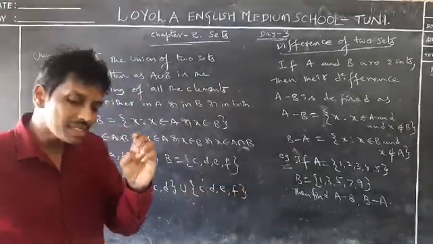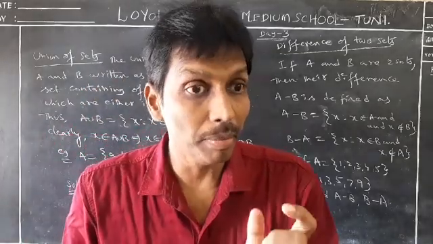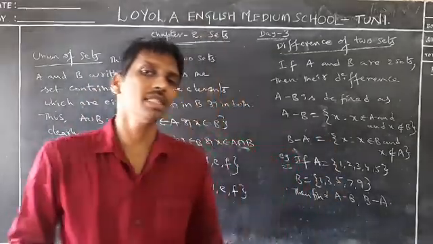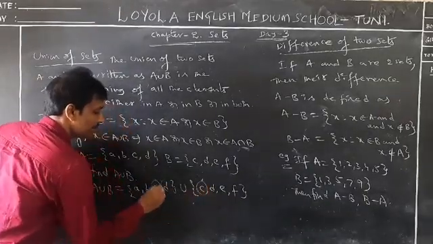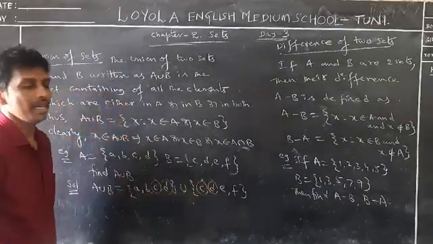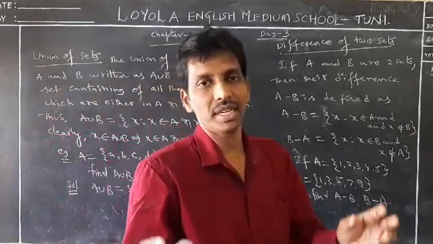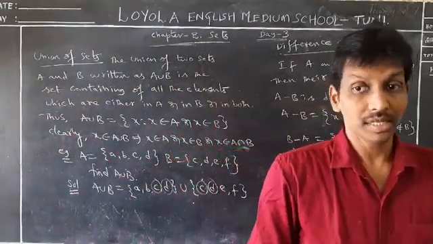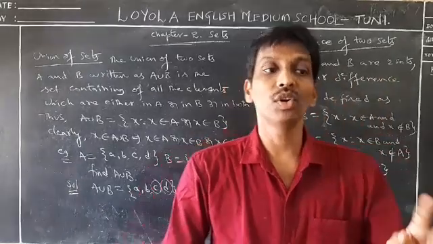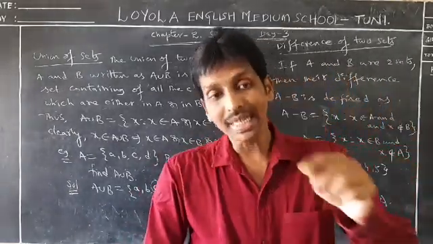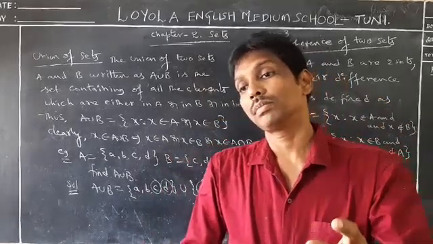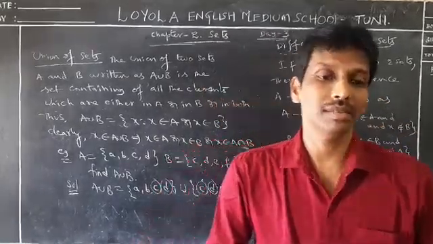My sincere advice is that first you recognize the common elements in both the sets. c is a common element, d is also common. Here c and d are repeated two times in both the sets. Even though they are repeated twice, we don't want to write them two times. While writing the answer, we should consider them only one time.